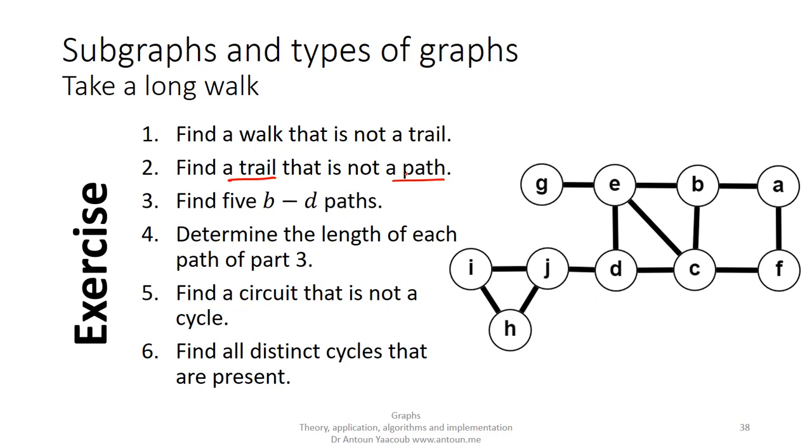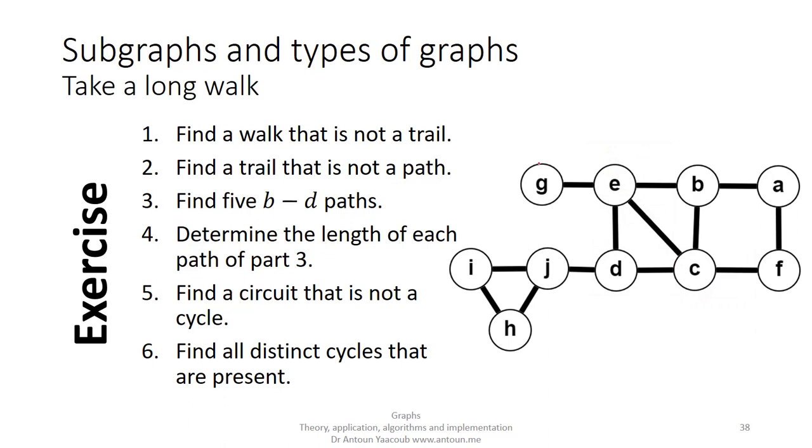So what does that mean? For example, if I'm in E, I can go EB and then I can go EC, for example. So I can revisit the same vertices multiple times, but I cannot revisit the same edges multiple times. Again, here I can have many options.